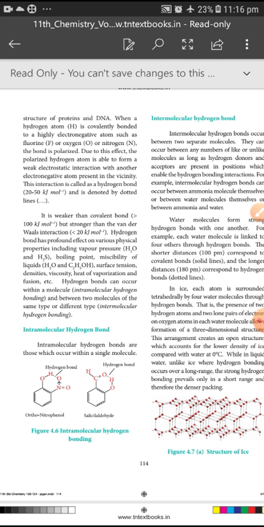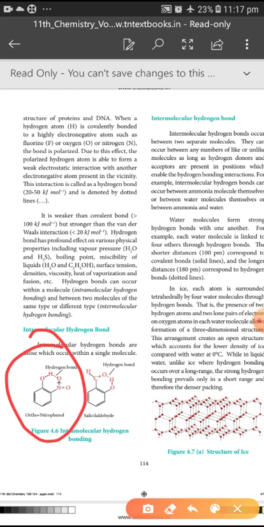Intermolecular means between two molecules. So hydrogen bonding is classified into two types: intermolecular and intramolecular. Intramolecular hydrogen bonds are those which occur within a single molecule.